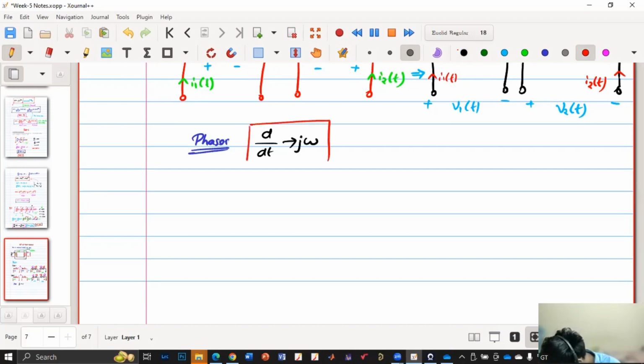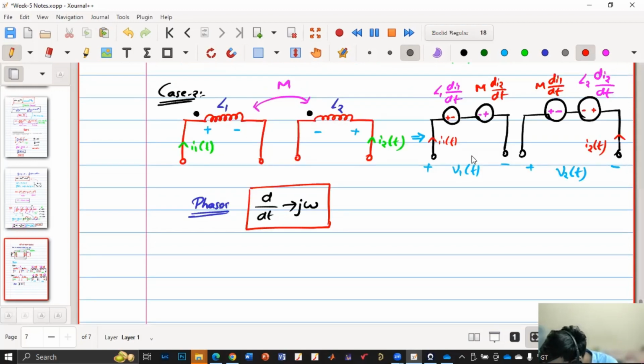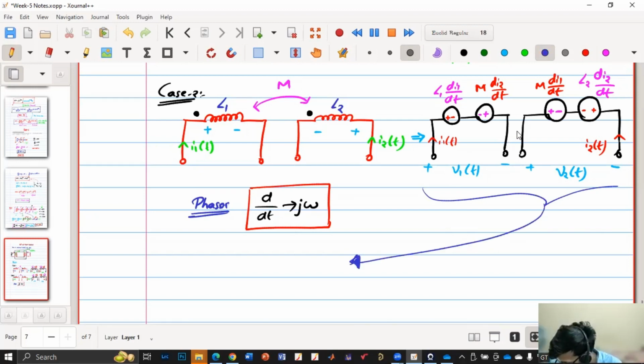If you replace d/dt with j omega, then in this scenario, if we write the equations in phasor, we'll be getting V1 phasor equals j omega L1 I1 phasor, this is plus, this is minus, this is plus, j omega M I2 phasor.